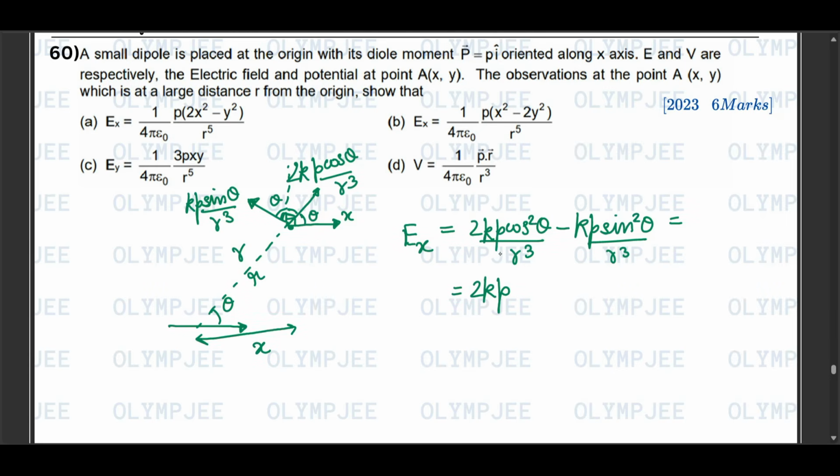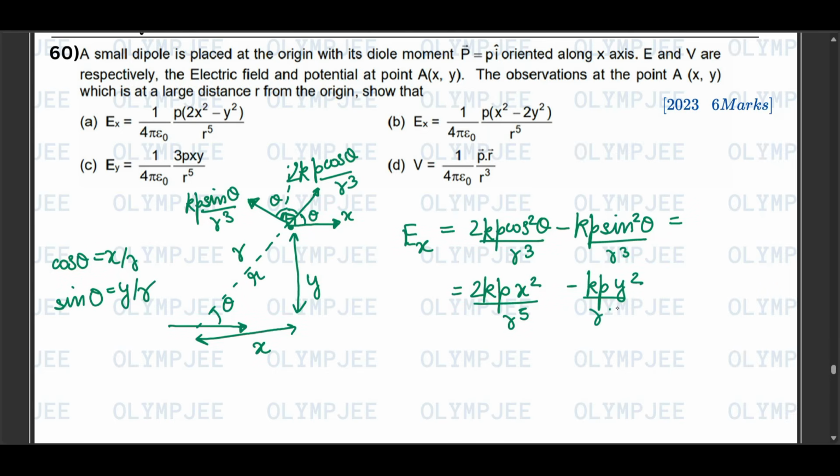So x square by r5 minus kp, sin theta can be given as y by r, so y square by r5.